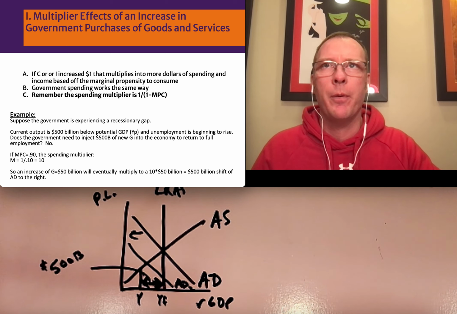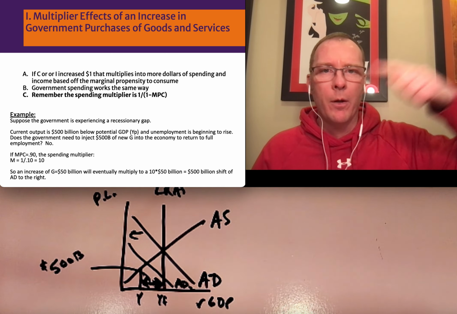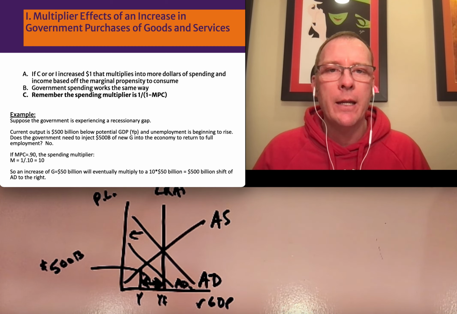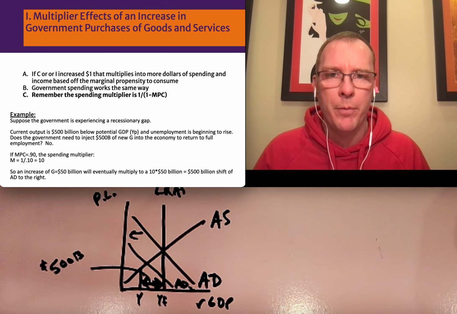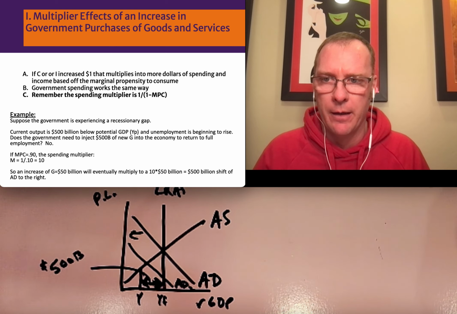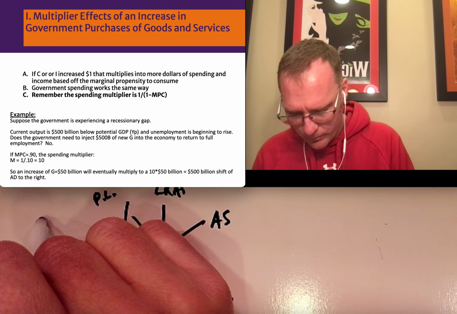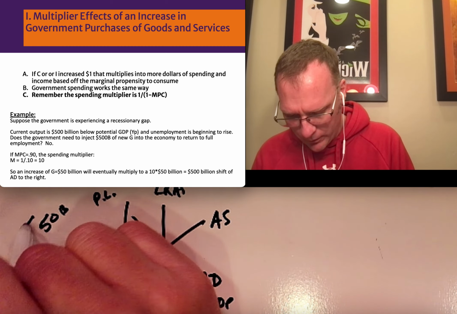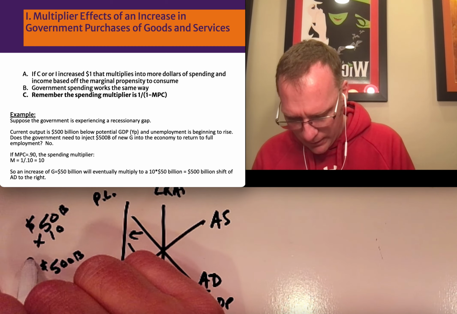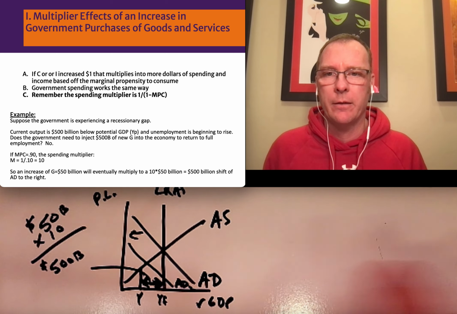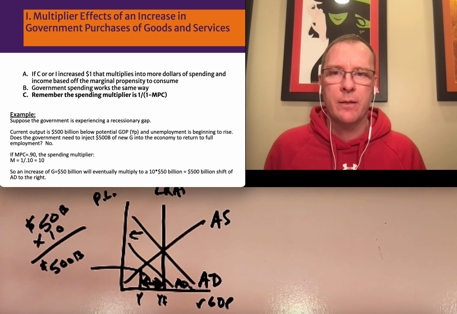So as soon as I pump some new money into the system, the multiplier is going to affect it 10 times. So an increase of $50 billion in government spending is going to get multiplied out by 10 to result in the $500 billion gap I need fixed.